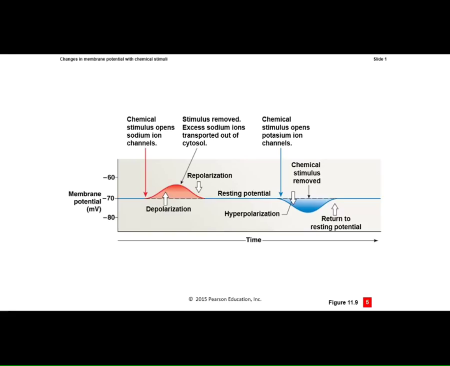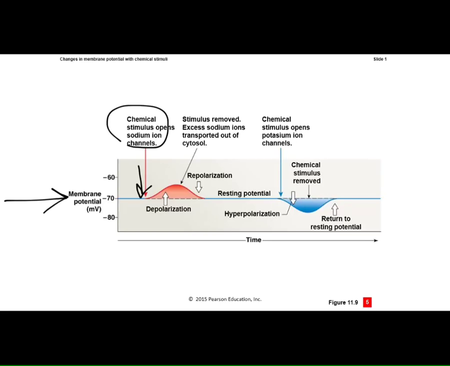So take a look at this graphical representation to put all this together. This is our resting membrane potential for a neuron, negative 70 millivolts. Everything's fine. The straight across line is the resting membrane potential. There's a little bit of a chemical disturbance that drives some sodium channels open. What happens when sodium channels open?